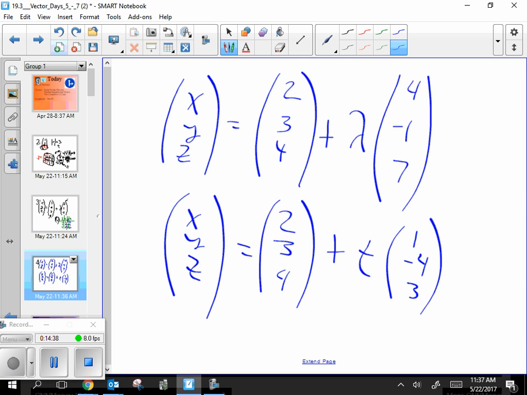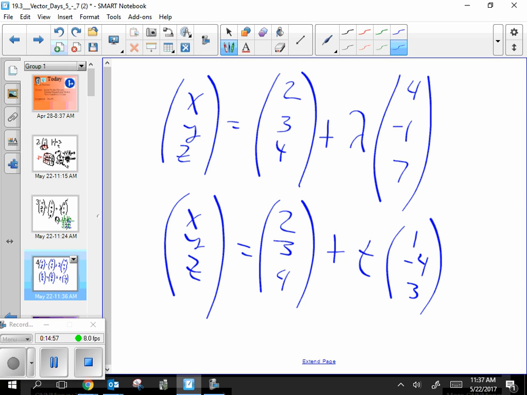How could I move it so that it goes through the same intersection point of 2, 3, 4, but at different times? Change the starting point for one of them.